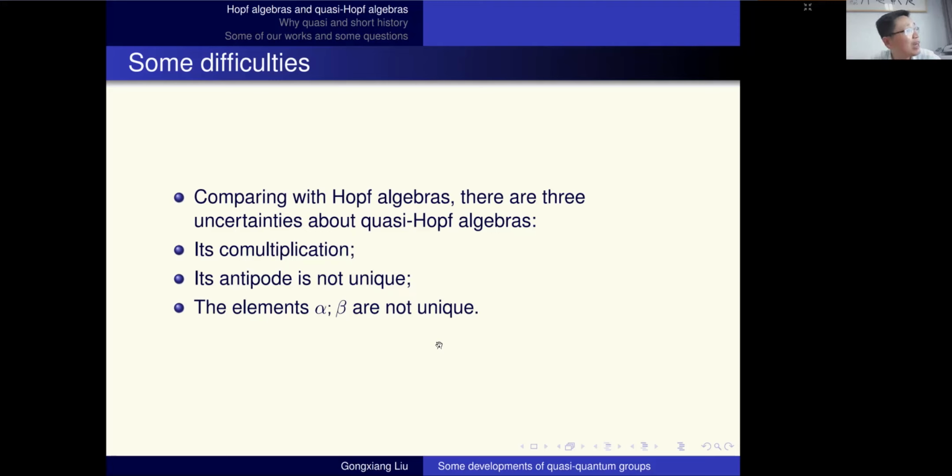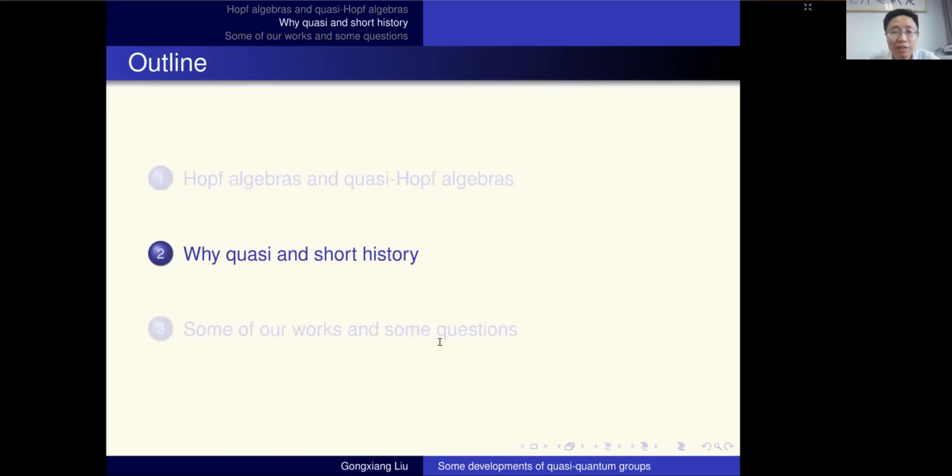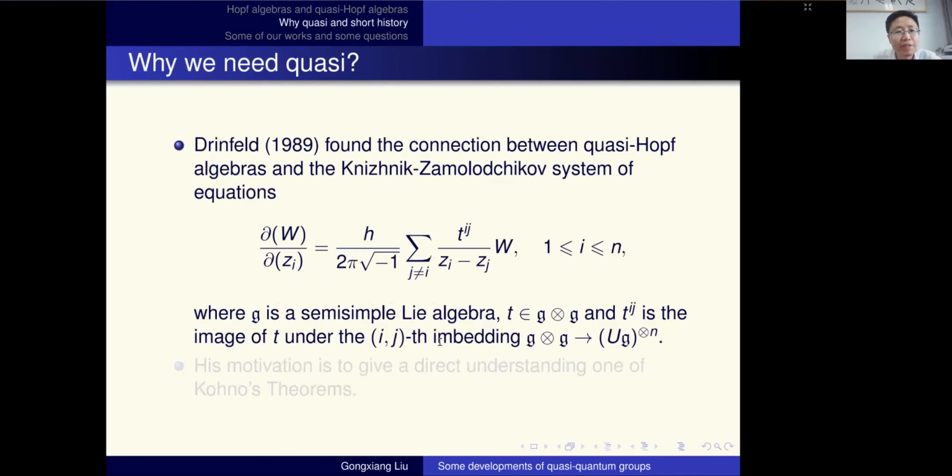I want to give some evidence to convince us we still know something about Hopf algebra and quasi-Hopf algebra. So what are we knowing? Before that, we need to tell you why we need a quasi-Hopf algebra. It's such a complicated concept. I believe the history is that Drinfeld invented this concept.